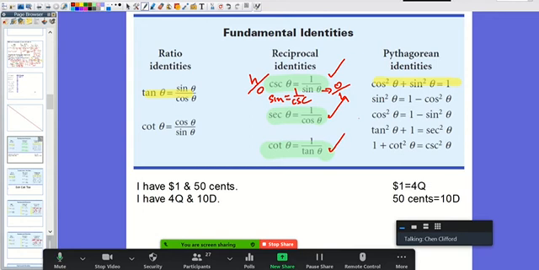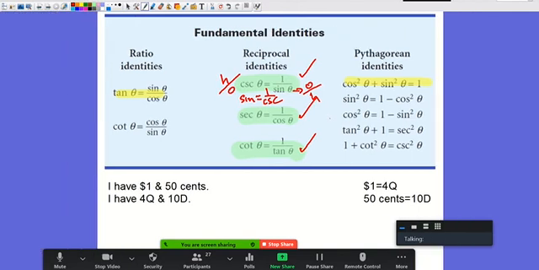Now let's talk about this yellow. I think I may have talked about this yellow before, but let me prove this yellow to you. What I want to prove to you is that tangent is equal to sine over cosine.